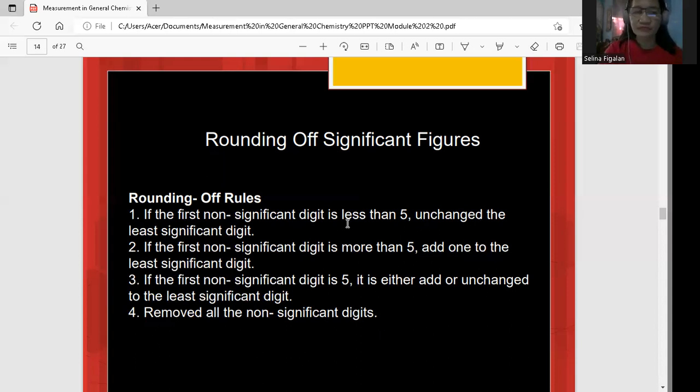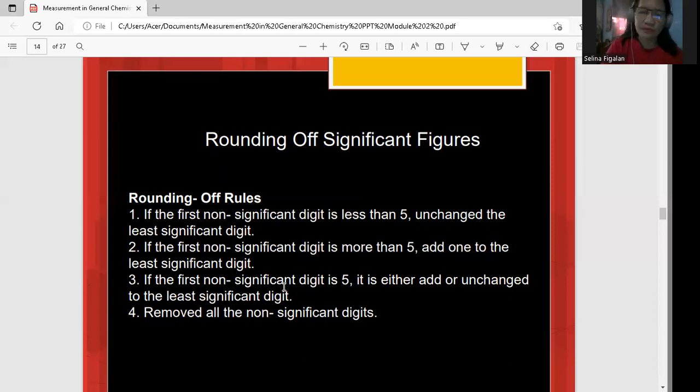If the first non-significant digit is more than 5, like for example, 46.5, so pwede kang magdagdag as in 47. But if the first non-significant digit is 5, it is either odd or unchanged to the least significant figure. So it is about the example, 46.5. Diba yung example ko, 46.5, pwede mo daw siya magdadagdag ka or hindi ka magdadagdag.